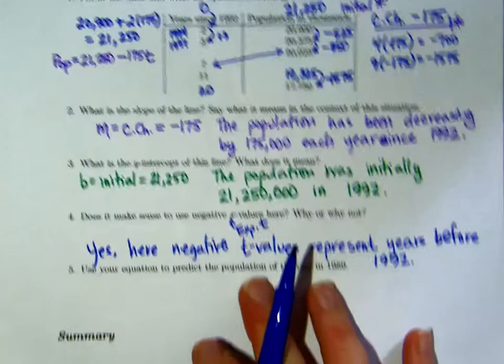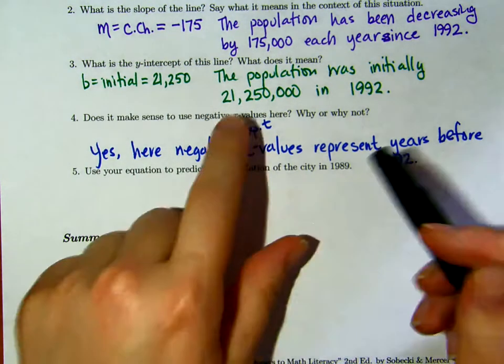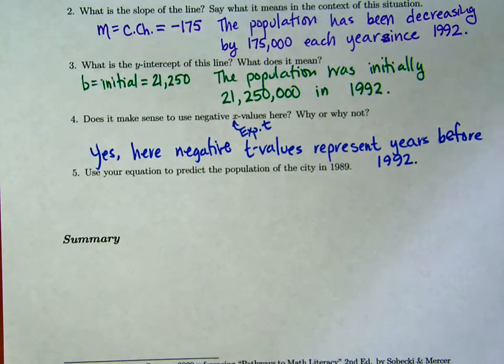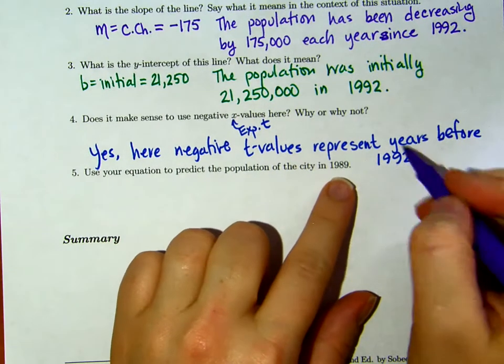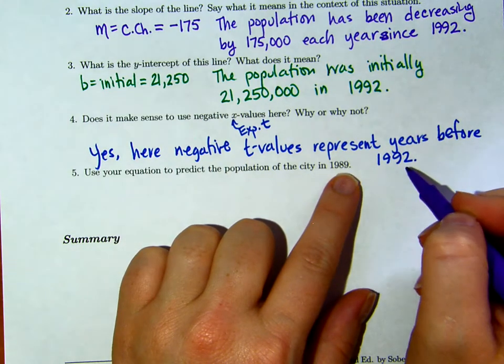Use your equation to predict the population of the city. I don't know. Are there cities with 21 million people? Anyway, I guess it's a city. In 1989. Oh, so that would be a negative because that's before 1992. How many years? 3 years?